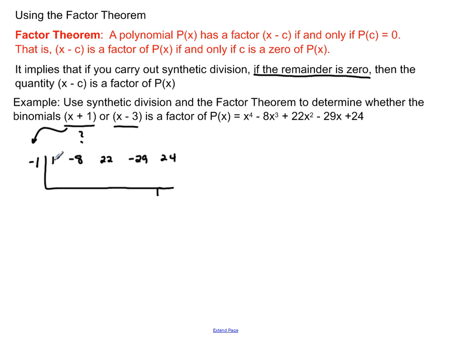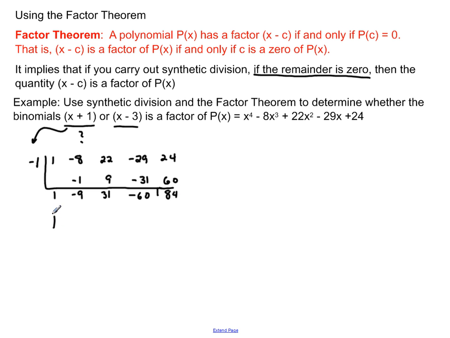If we carry out x equals negative 1, we bring down the 1, multiply by negative 1, add down the column to get negative 9, multiply negative 1 times negative 9 to get positive 9, add down the column, 22 plus 9 gives me 31, multiply by negative 1, negative 31, add going down the column, that's 0, that's 6, that's negative 60, add, multiply negative 1 and negative 60 to give you positive 60, add going down the column, 84.